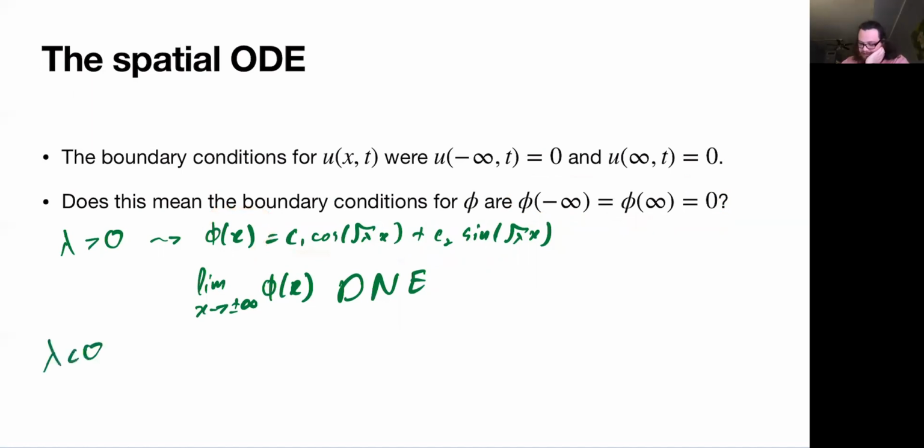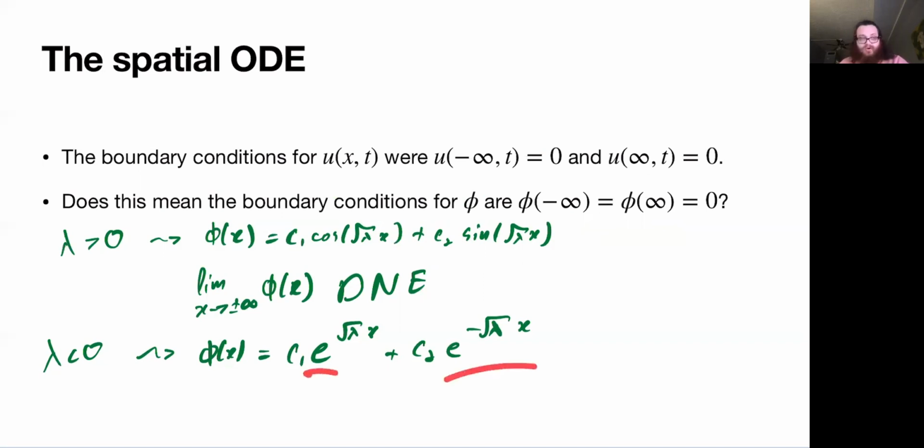Likewise, if lambda is negative, phi of x is going to take the form c1 e to the root lambda x plus c2 e to the minus root lambda x. As x goes to positive or minus infinity, one of these two is going to go to 0.